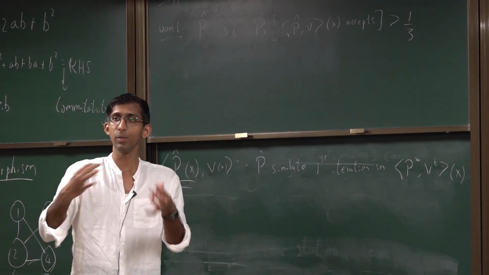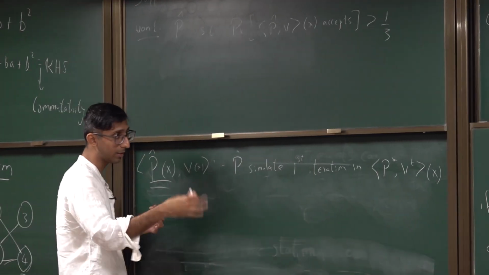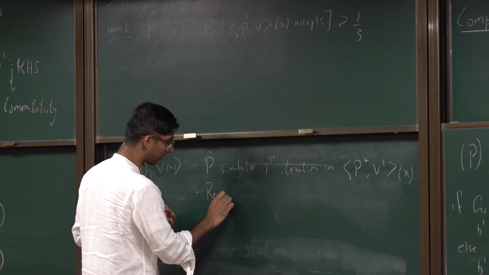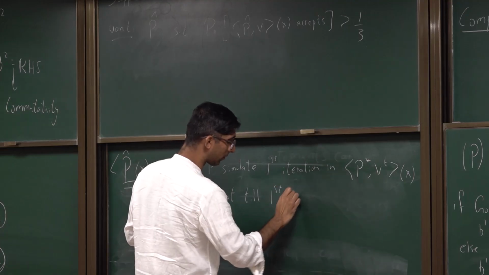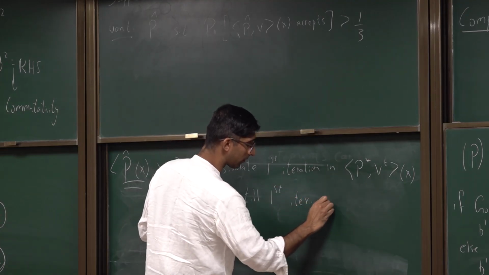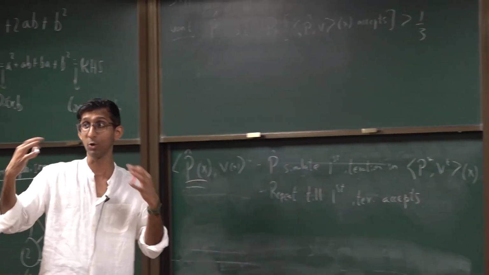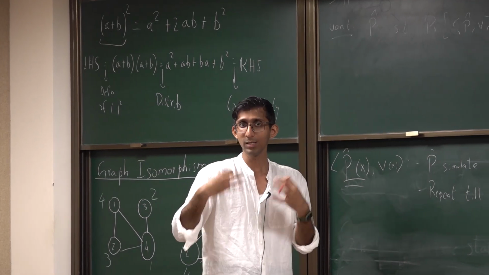If it did not, it's going to start over, and keep repeating this iteration. Because it is simulating everything, simulating the verifier on its own inside its head, it knows whether it would accept or not. So it repeatedly simulates the first iteration.